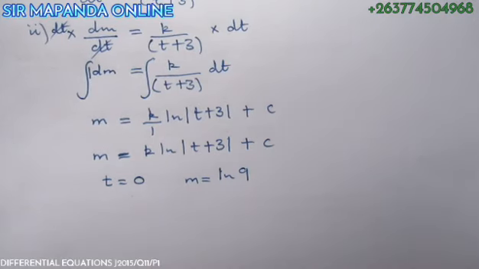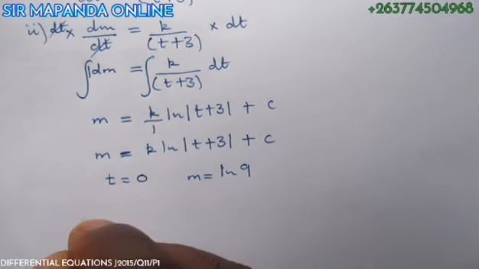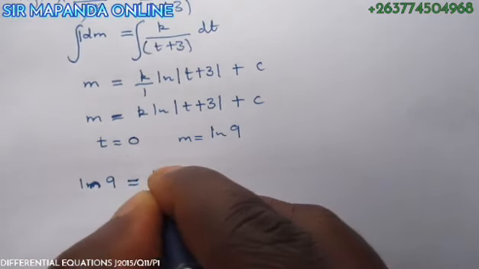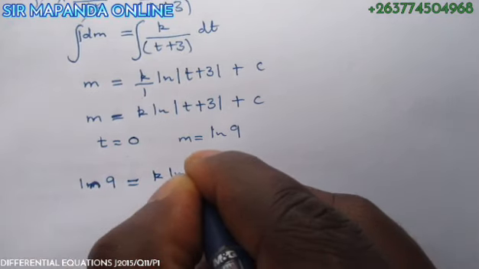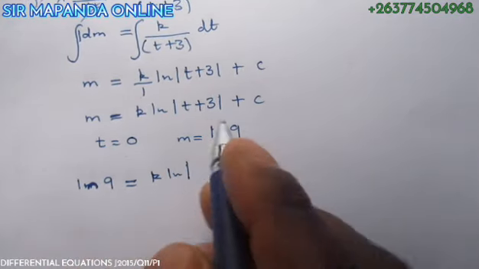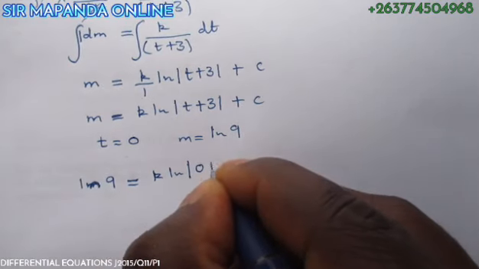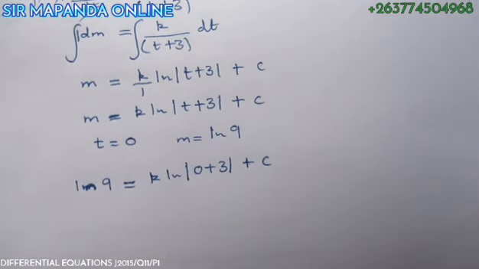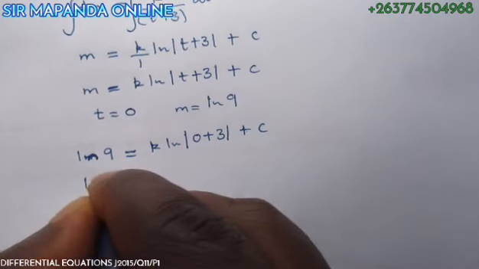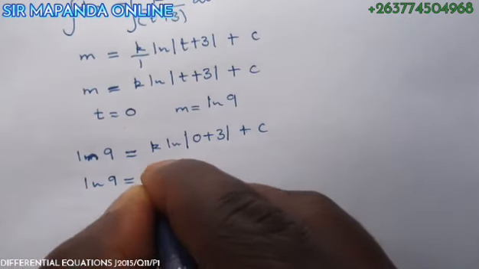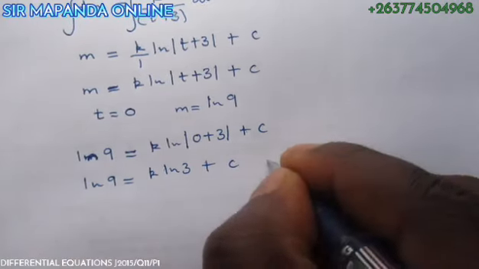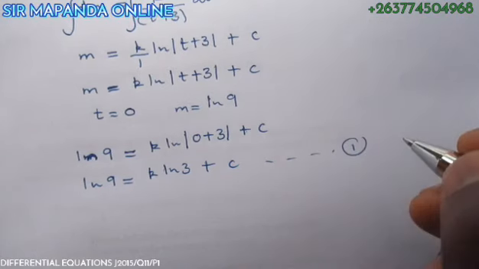I'm going to make my substitution. So put ln 9 on m, get ln 9 is equal to k ln modulus, put 0 on t, you get 0 plus 3, then you say plus c. I hope you are listening, class. So if you simplify this, it gives you ln 9 is equal to k ln 3 plus c, and this is your equation number 1.